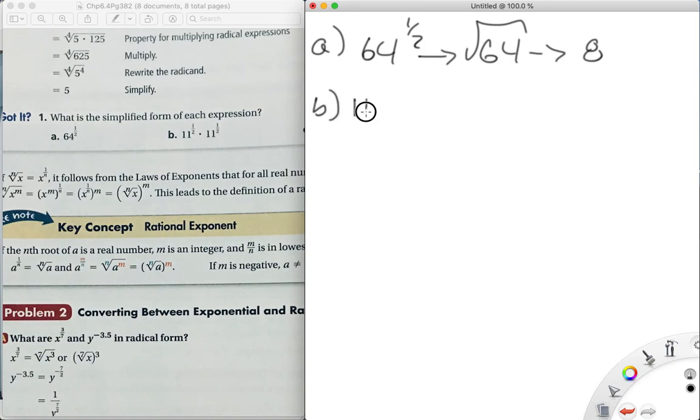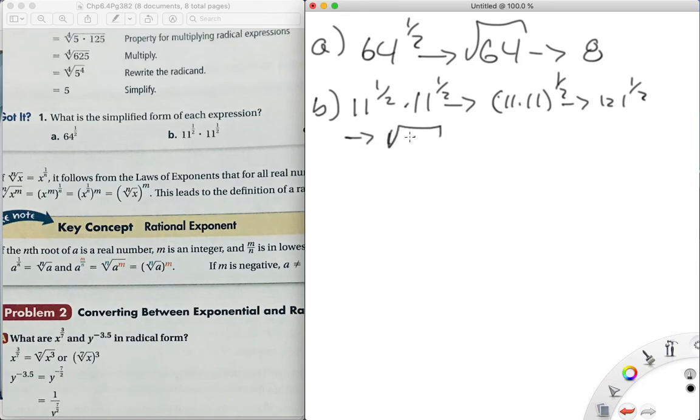B, 11 to the 1/2 times 11 to the 1/2 is the same thing as saying 11 times 11 to the 1/2, which is 121 to the 1/2, which is the square root of 121, which is 11.